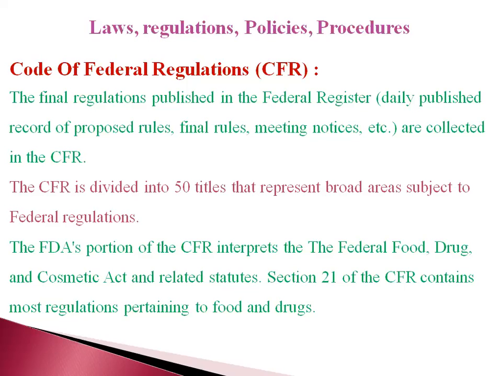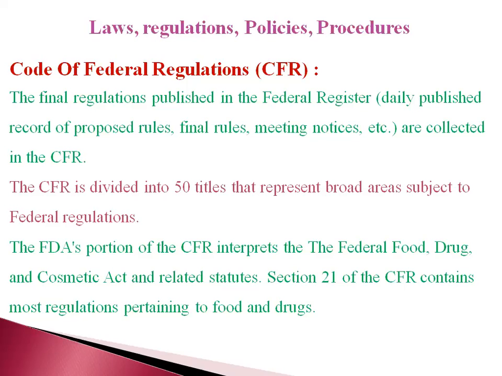The CFR is divided into 50 titles that represent broad areas subject to federal regulation. The FDA portion of the CFR interprets the Federal Food, Drug and Cosmetic Act and related statutes. Section 21 of the CFR contains most regulations pertaining to food and drugs. So related to regulation laws, we have 21 CFR, which is a common term used in the pharmaceutical industry.